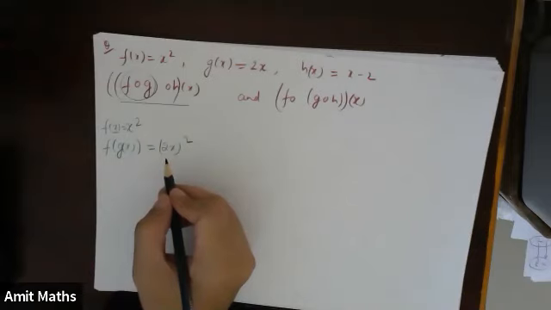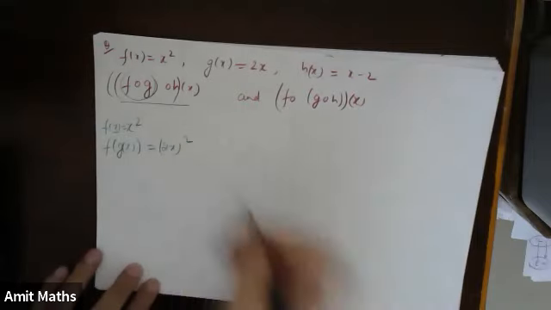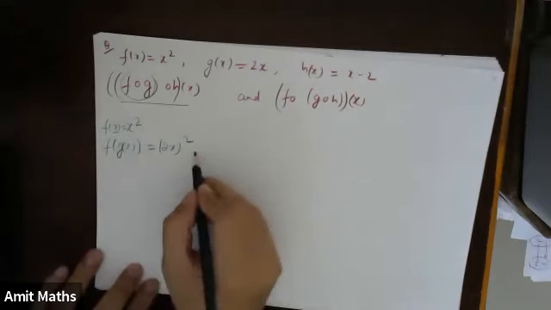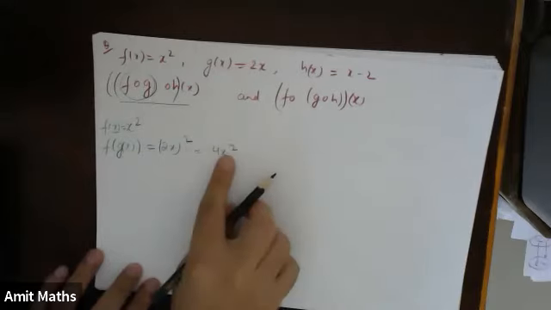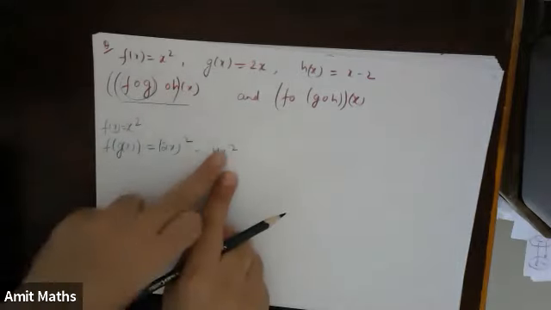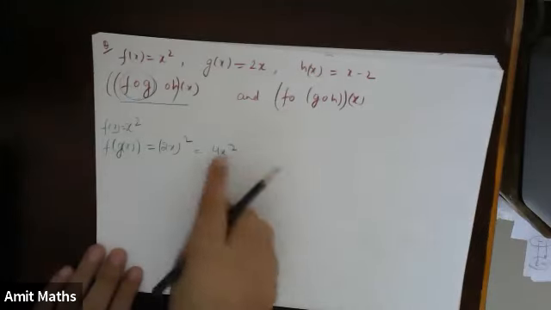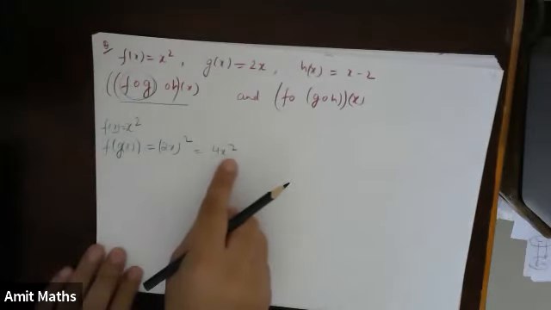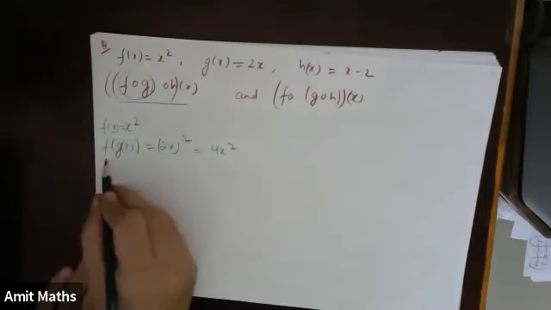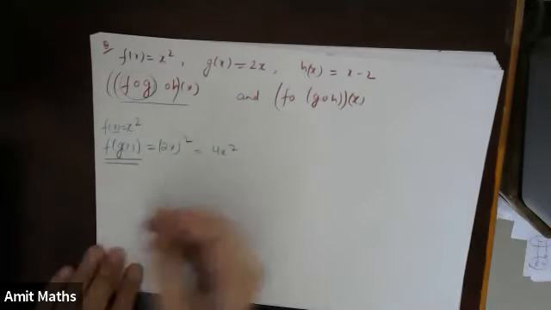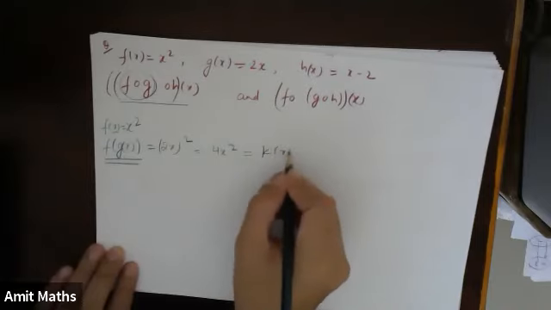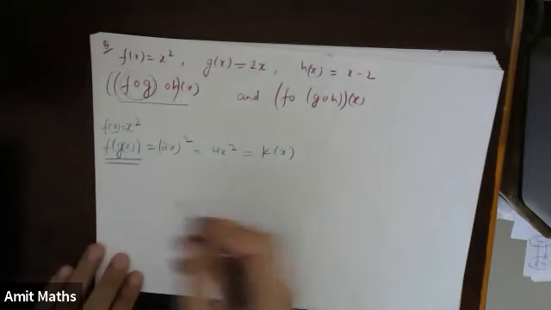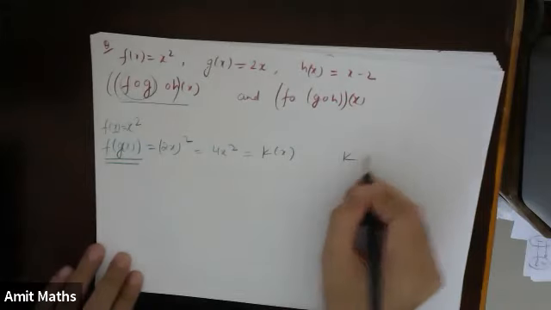Now next. This will become 4x square. Now, in this 4x square I will substitute h of x. Suppose I take this as k of x. Now I have to find the value of k of h of x.